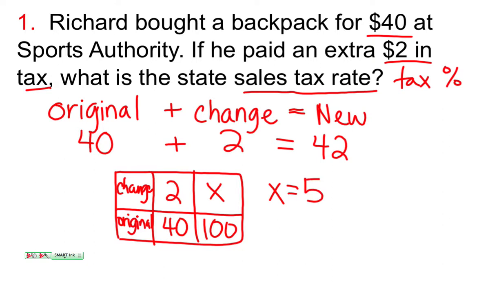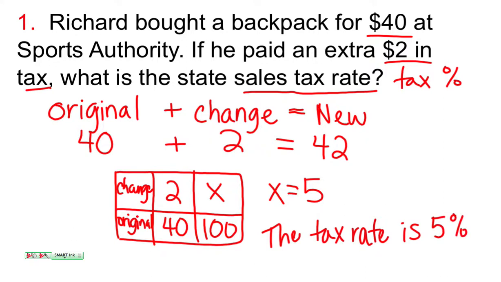Now go back to the question and it says, what is the state sales tax rate? So you need to write out your answer. The tax rate is 5%. You have to have the percent sign because we're looking for the percent. Now go on to number 2.